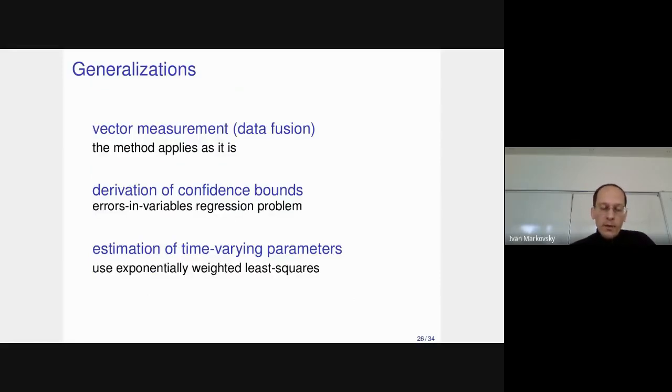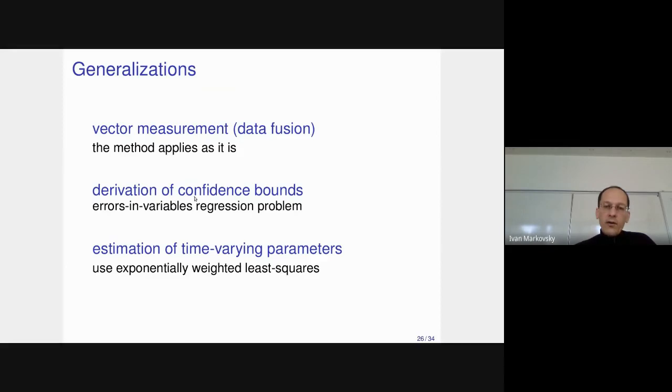Before I go to the numerical experiments to show the performance of the method, let me say that so far I kept it simple, but things can be complicated in many interesting directions. One of them is if we measure not from one sensor, but from multiple sensors, we can do what is called data fusion and take into account different properties of different sensors, different accuracy, different speed, and that will all be taken care of in an optimal way by the method I showed.